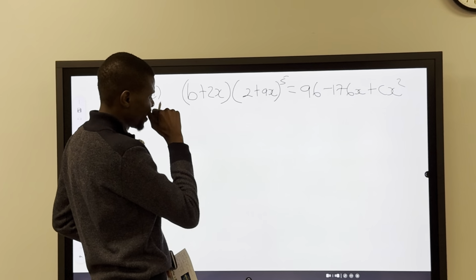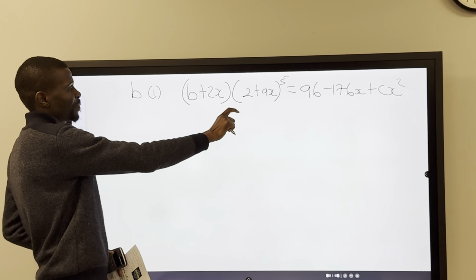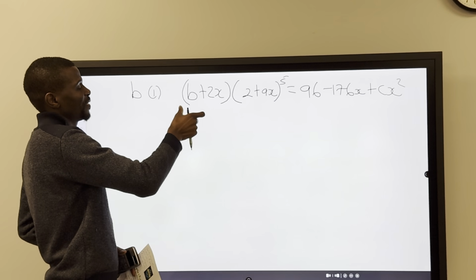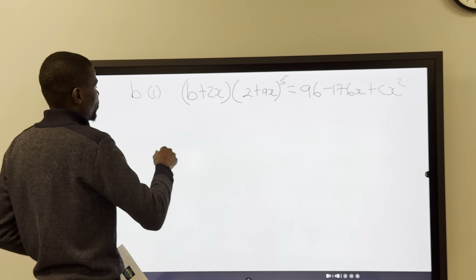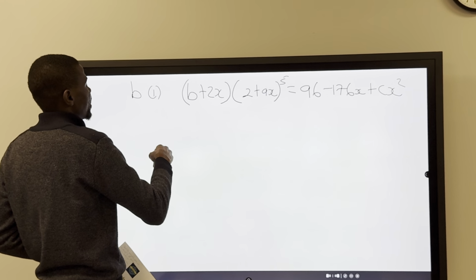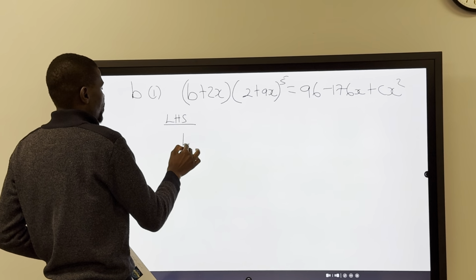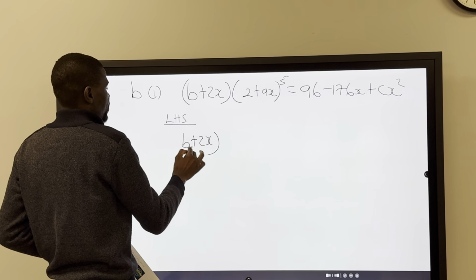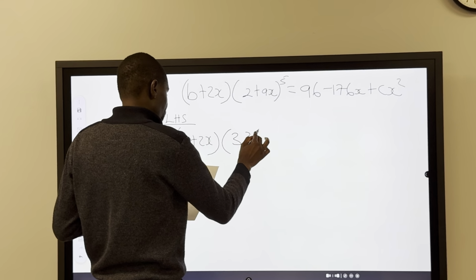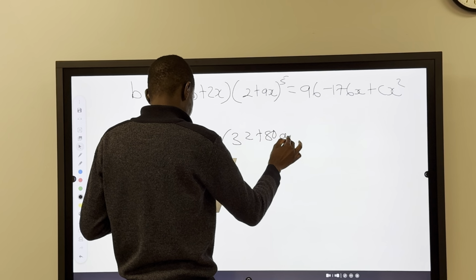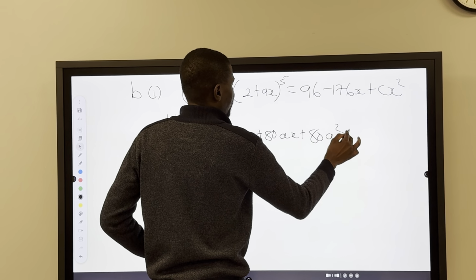It's really easy, because we just expand the left-hand side, then compare with the right-hand side. So here, left-hand side simply means (b + 2x) multiplied by, remember, we got 32 plus 80ax plus 80a squared x squared.